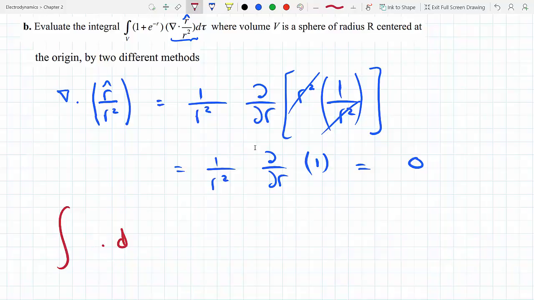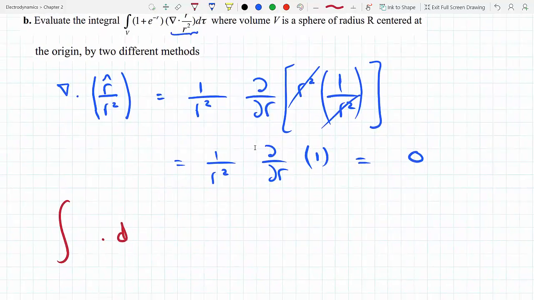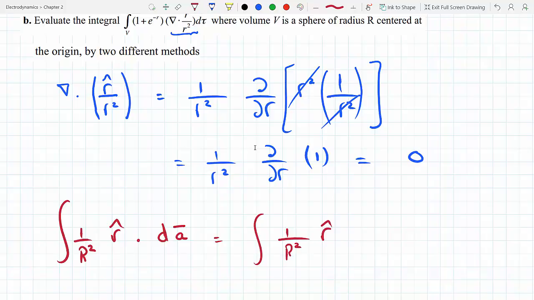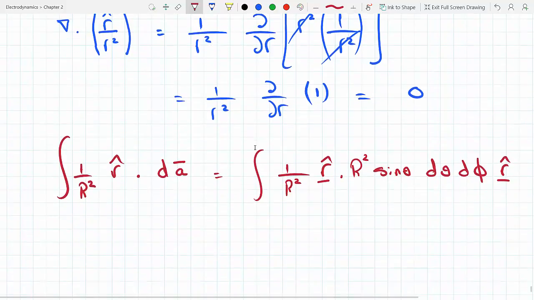V is just 1 over r squared r hat. If this is a sphere of radius r centered at the origin, this would be 1 over r squared r hat dotted with vector dA, and dA in spherical coordinates will be r squared sine theta d theta d phi, also in the r direction. And so when we dot these two vectors, we get 1, right?